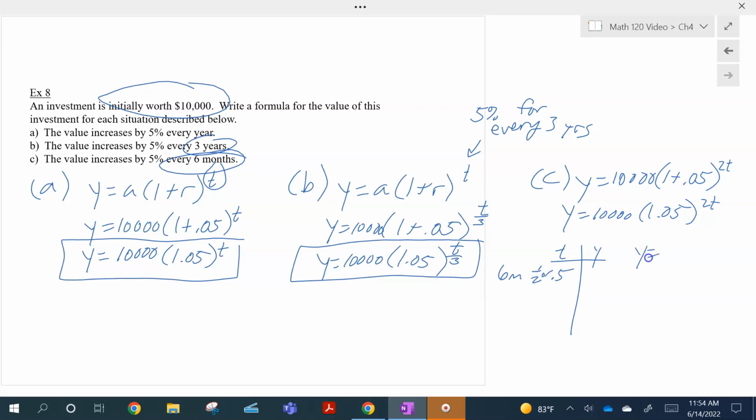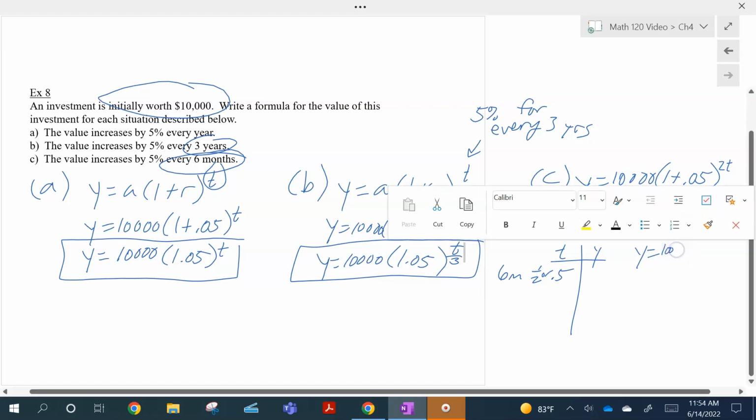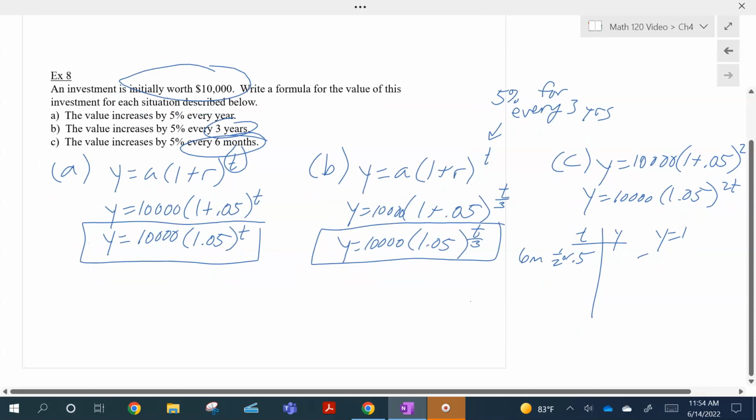So if I plug that in, 10,000 times 1.05 to the 2 times a half, t being a half because it's at the 6 month mark. Well, 2 times a half is 1. See that? That's why I make that a 2t right there.